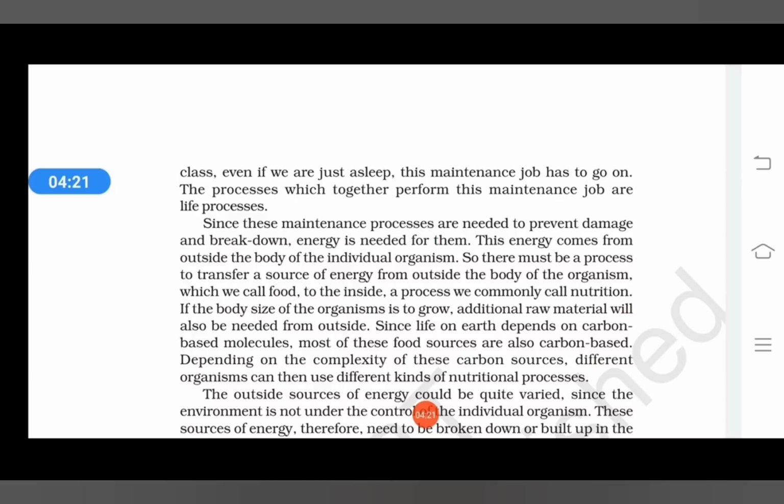The processes which together perform this maintenance job are called life processes. Means the processes which keep us alive, whether we are doing any work or not. At the time we are sitting, at the time we are sleeping, these processes keep on going. Those are the life processes.